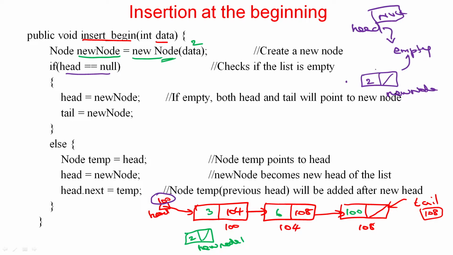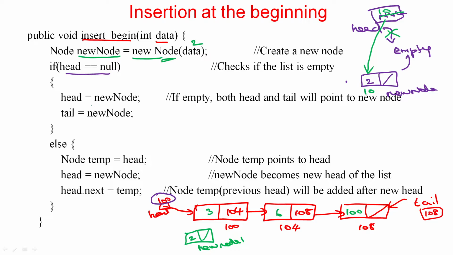Now this head is denoting the new node. So this pointer has to be broken. Then the address should be written here. Suppose the address is 10, then address 10 will be written in the head pointer. The head pointer will point to the new node.